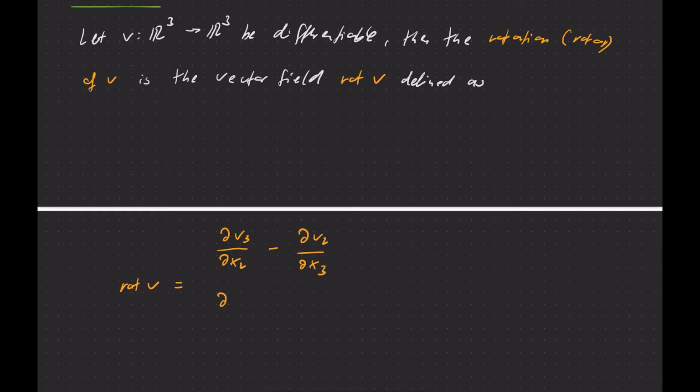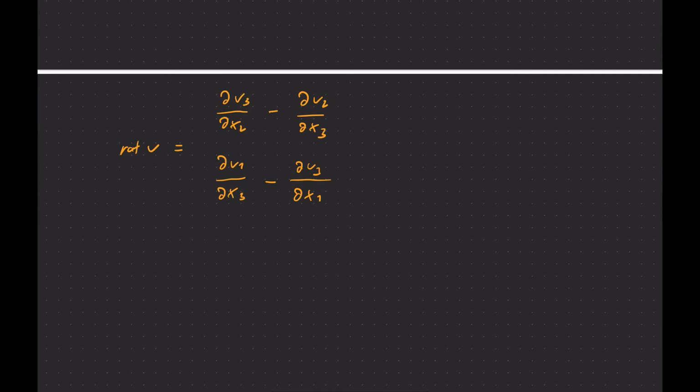Then in the middle we have dV1/dx3 minus dV3/dx1. And finally, dV2/dx1 minus dV1/dx2. Okay, so that is a vector field, a characteristic that is a vector field again.